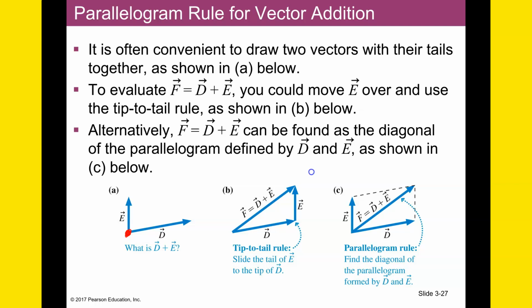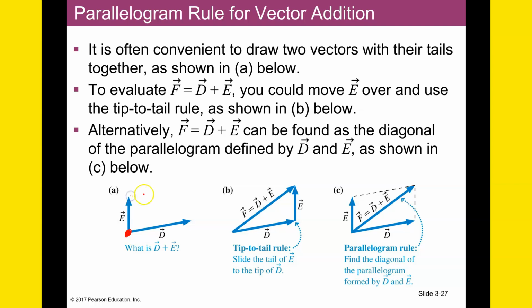But there is another way to do it, which is just as good, just as valid, and you might like it better. So we'll explain it here. Alternatively, you can find it as the diagonal of the parallelogram defined by D and E. So here's D and E drawn together. Let me go back to A and imagine it being done here.